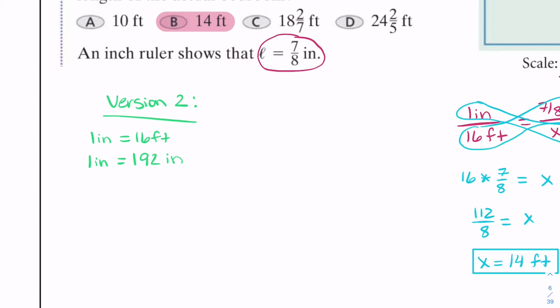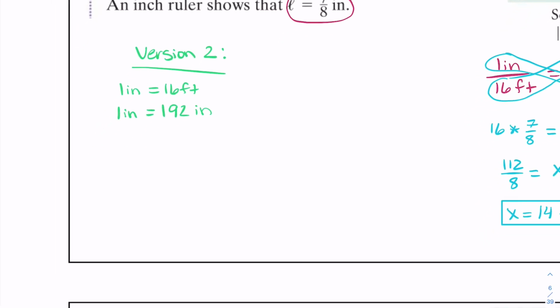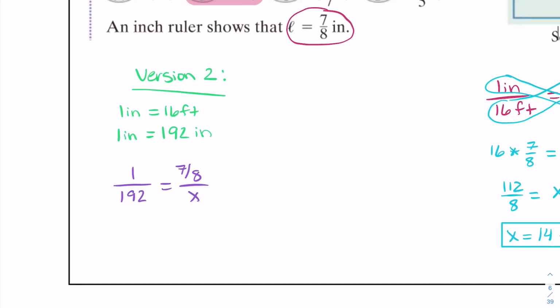Okay, and so if I want to do this, I'll now do 1 is to 192 as 7/8 is to unknown. Because what I'm comparing is drawing to actual room scale, and drawing, in this case the ruler, to actual room scale.